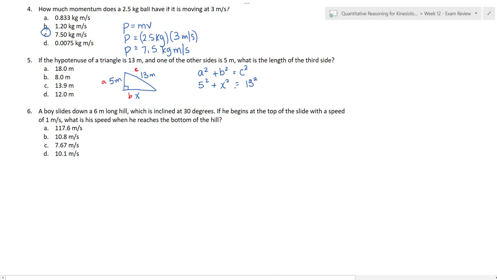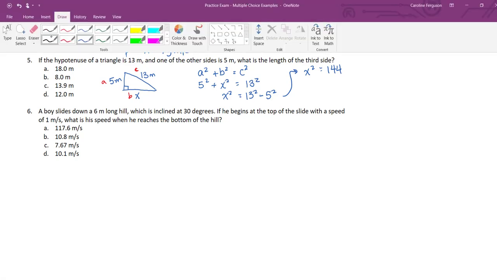Okay, so now I'm just going to rearrange to solve for my X. So I have X squared equals 13 squared minus 5 squared. X squared equals, I'm just going to type this on my calculator, 13 squared minus 5 squared, and I get 144. I'm going to square root both sides to get rid of that squared.